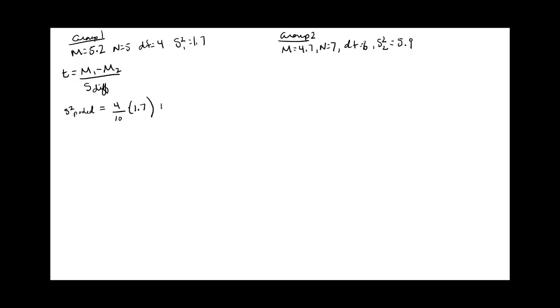Okay, plus the degrees of freedom in group 2, which is 6, divided by the total degrees of freedom, which is 10, times group 2's estimated population variance, which is 5.9.